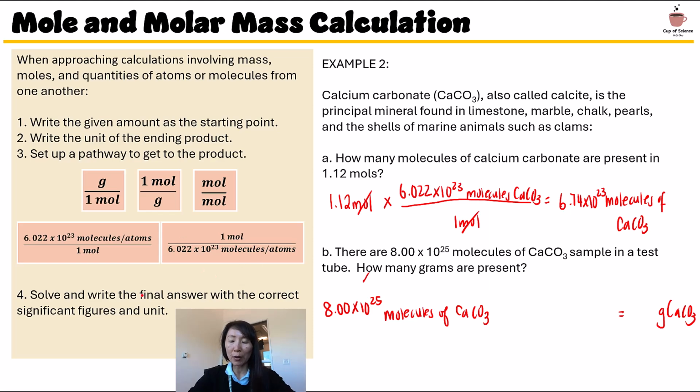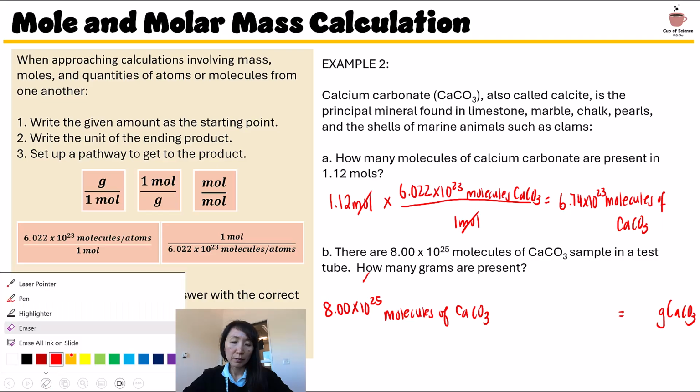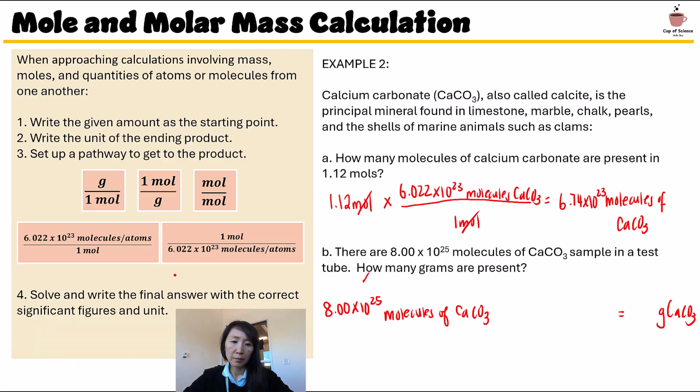The molecule is on the bottom, so it's already done for you. Times 1 mole of calcium carbonate is 6.022 times 10 to the 23 molecules of calcium carbonate. Great. So that cancels out molecules of calcium carbonate.